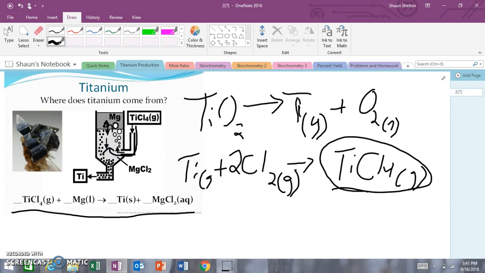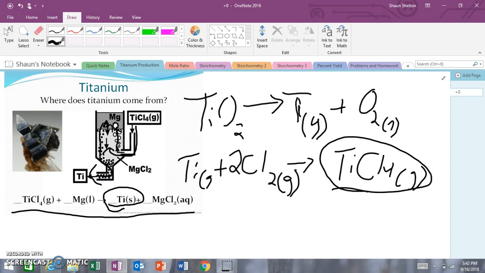Since it's less dense, it goes up into the layer of magnesium and reacts with the magnesium, and then the titanium comes out as a product. As you can see here, since it's more dense, it falls back to the bottom, and this is where we collect our titanium.